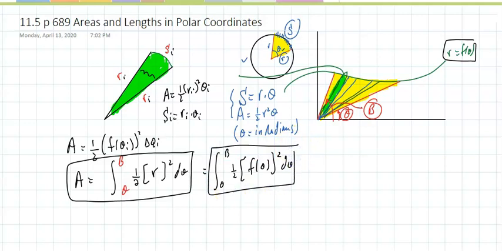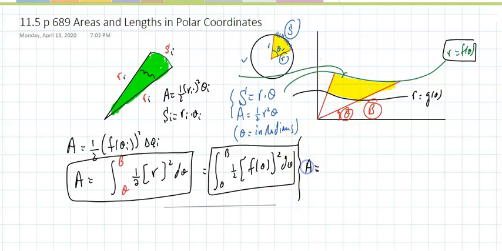Now, another thing I want to get out of the way: if I was looking at r sub 2 equal g of theta, and the area in question is really this area, then this is how I'm going to tie this down.